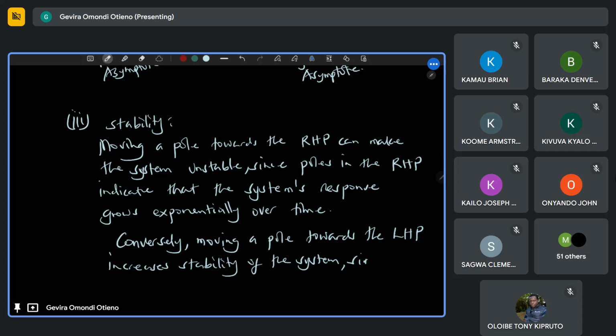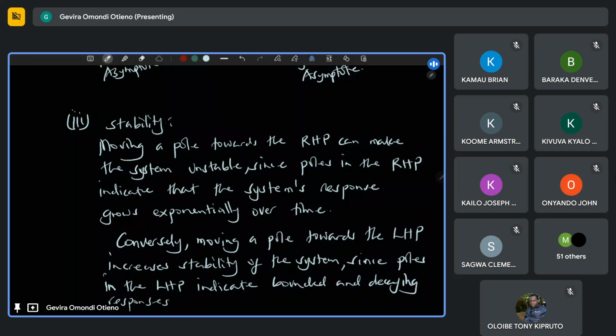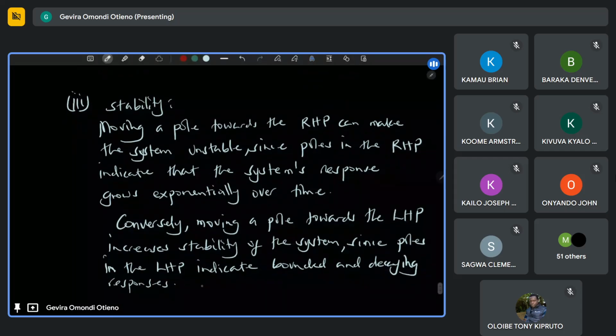Since poles in the left half plane indicate bounded and decaying responses. Indicate bounded and decaying responses. If you did your controls in fourth year properly, you remember bounded input, bounded output.